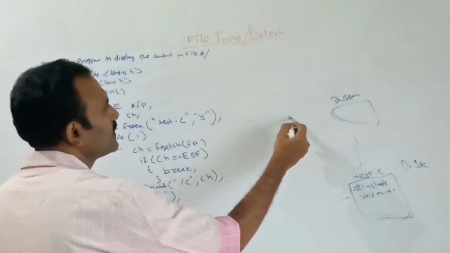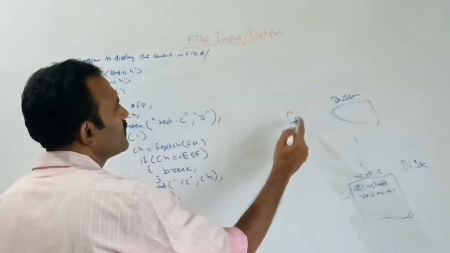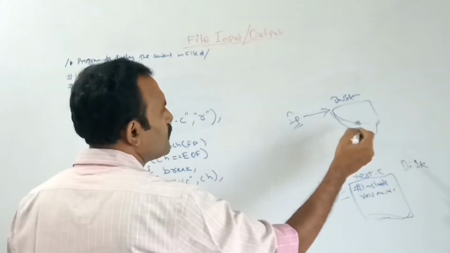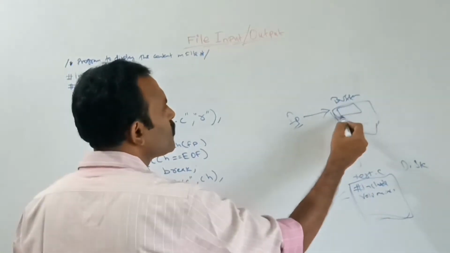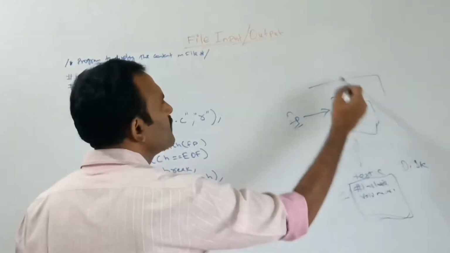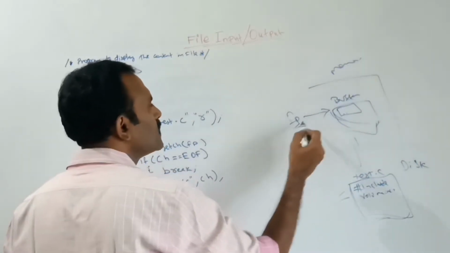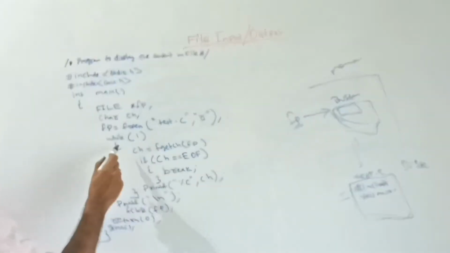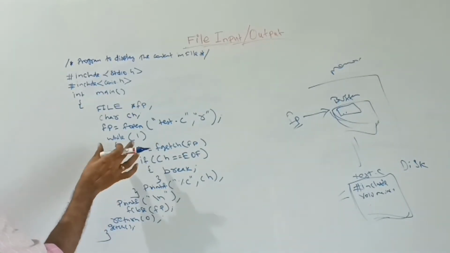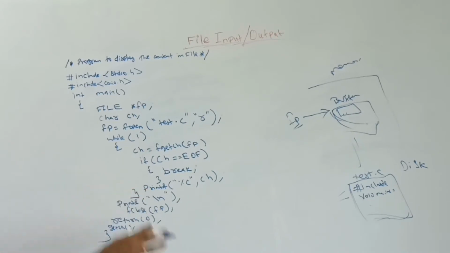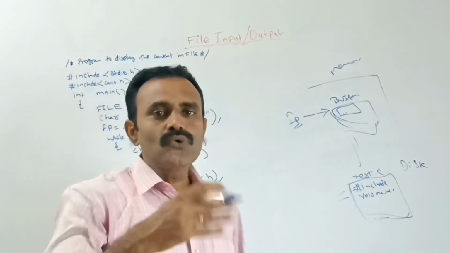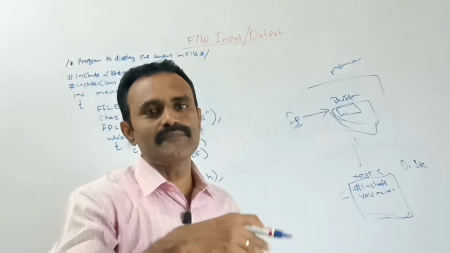Next, fp is the file pointer. It fetches the base address, and this content will be stored to the buffer, that is in memory. To this buffer, the file pointer fetches the content, and here while 1, that is an infinite loop. Until we tell it to break, this loop will be repeated continuously.